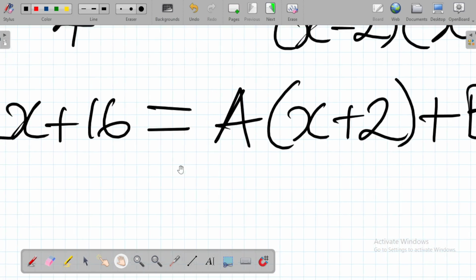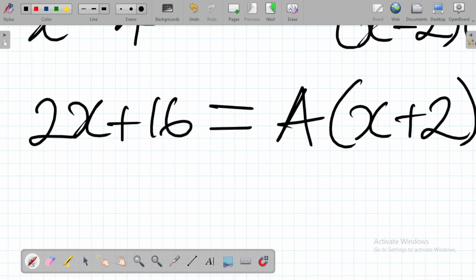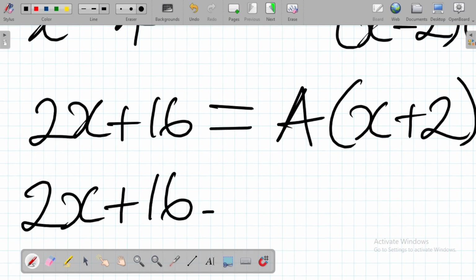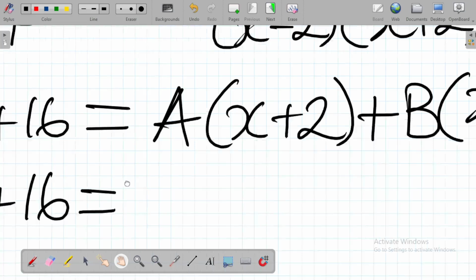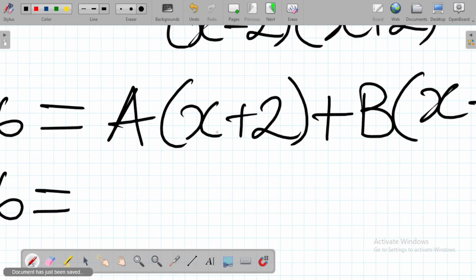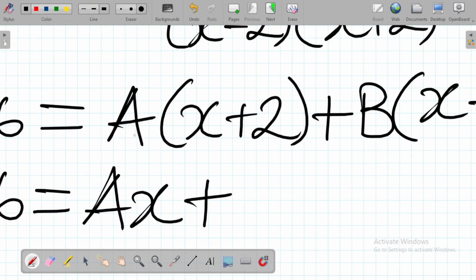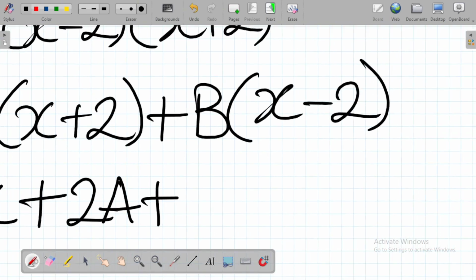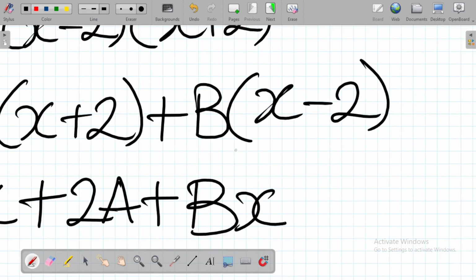All right, let's expand the bracket. So we have 2x plus 16 is equal to a multiplies x gives us ax, plus a multiplies 2 gives us 2a, plus b multiplies x gives us bx, and then b multiplies negative 2 gives us negative 2b.